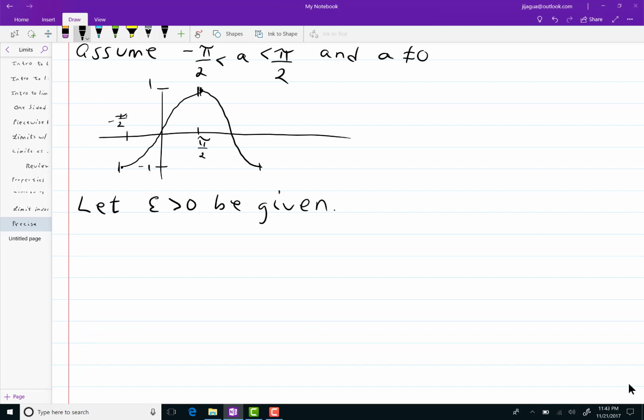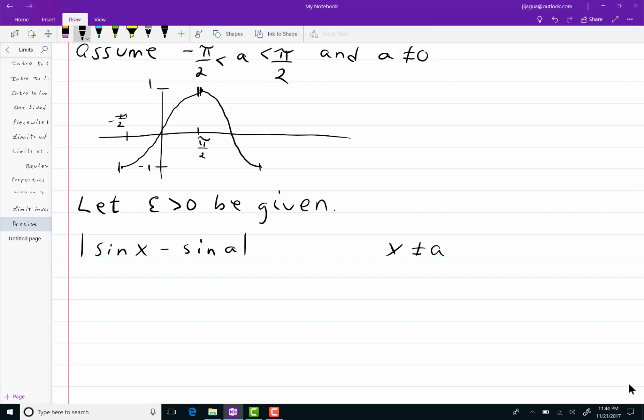Now what we're going to look at is the absolute value of sine of x minus sine of a. Remember, x will not equal a. That's the nature of limits. x is not exactly equal to a. So I guess a could actually be 0 and we'd be okay, but I thought I would separate that case anyway.